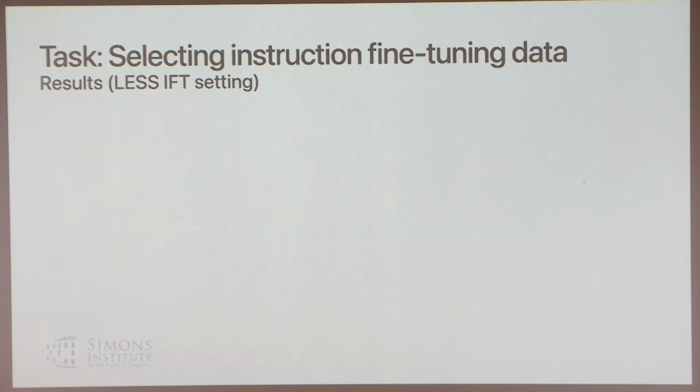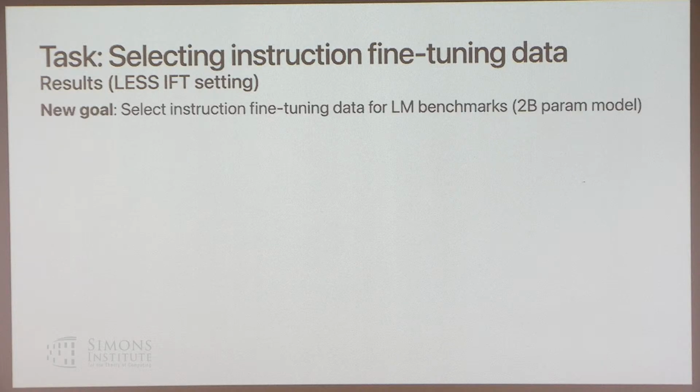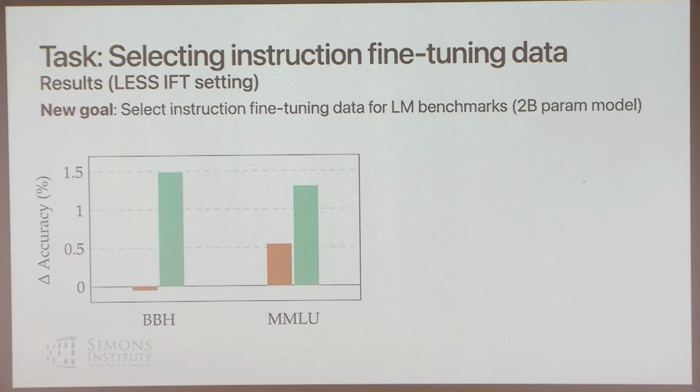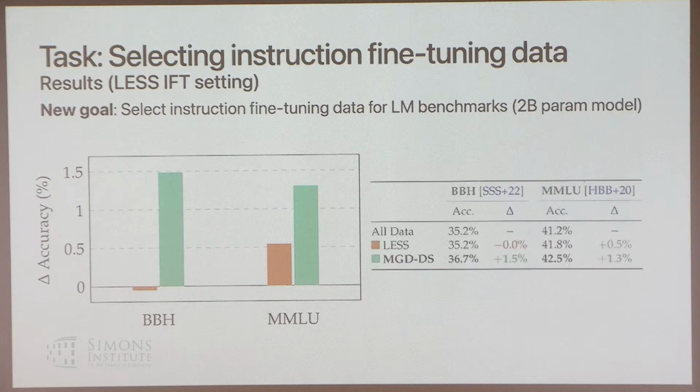OK, the second setting we can look at is selecting instruction tuning data. So this is another standard data selection setting where you have a bunch of instruction tuning data sets for a large language model, and your goal is to make a good instruction-following agent. And here, our baseline of comparison is going to be this paper, which for some reason the citation did not animate for.